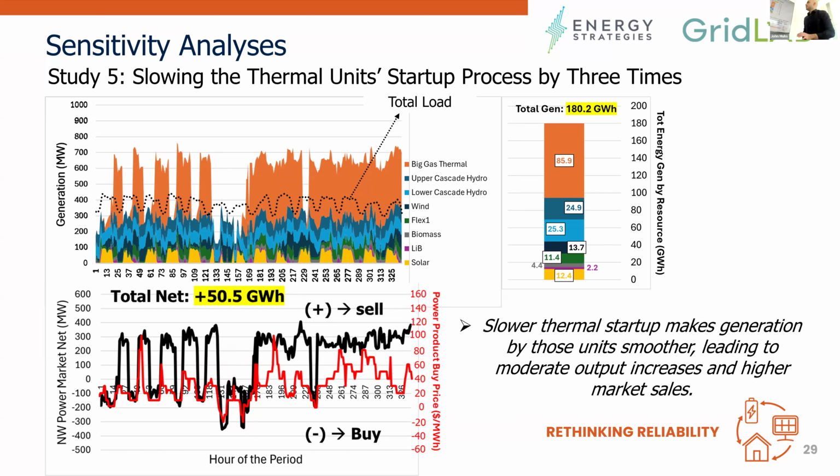So the generation by the thermal units is smoother. As I mentioned, we see a moderate output increase, and we see higher market sales. I will show you how the objective function changes in the next slides.